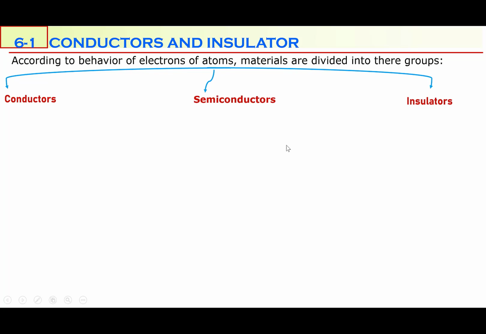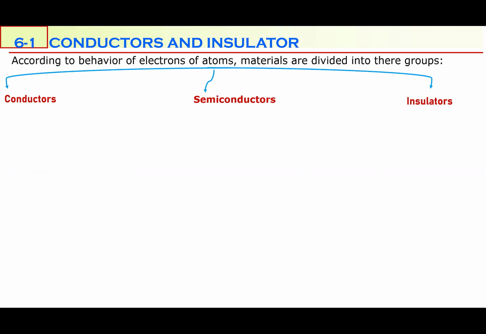So according to atomic structure, some materials conduct electricity and some cannot. I will talk about this, and this short title is also going to be a part of chapter 9.